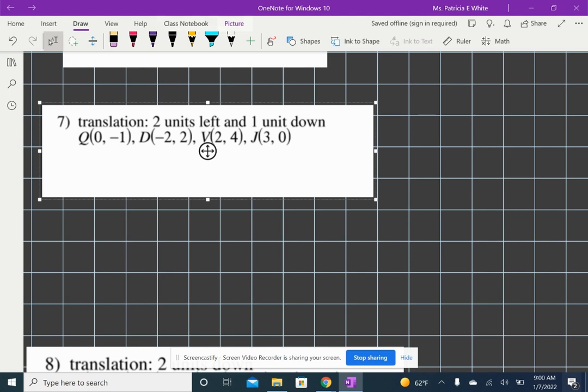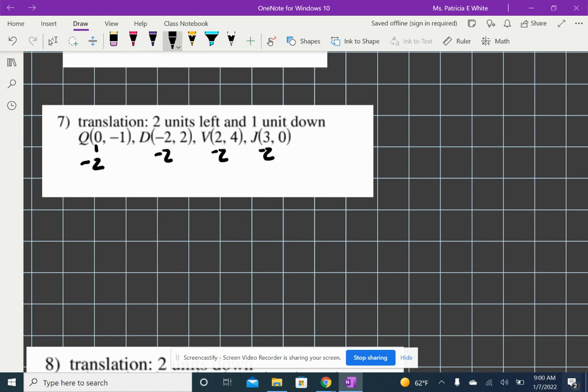Okay, I hope you did well on 5. On 7, all we're going to do is use the coordinates, and 2 units left means x, I got 2 minus 2. So every x, I'm going to subtract 2.